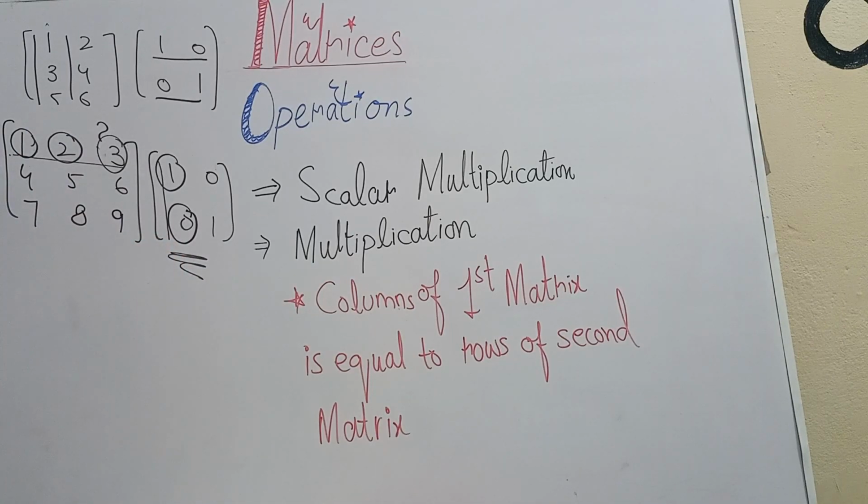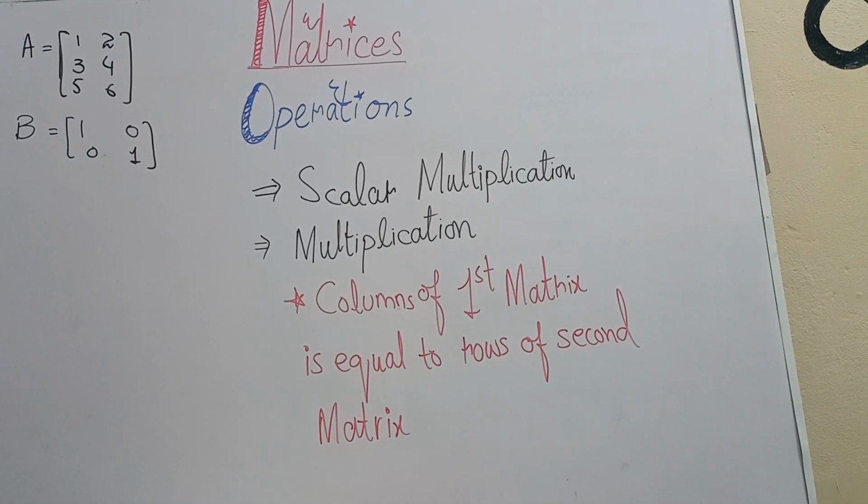So this condition is applied because we have to do row to column multiplication. Here the columns are 3 and the rows are 2, so it is not suitable for multiplication because this number is left behind. So this is to understand why this condition of multiplication is important. Now let's solve and get the procedure of multiplication.